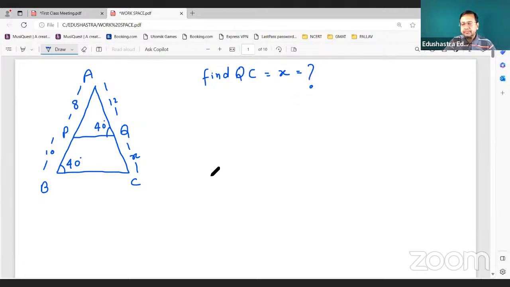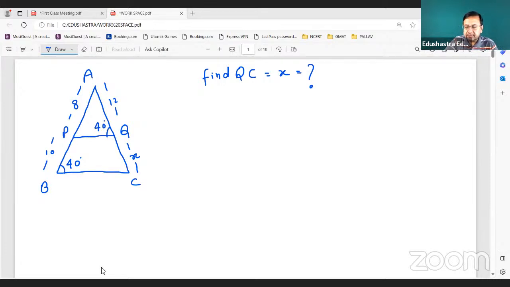Yes. So you just gave me the value for the variable x. How much is the length QC? All this information is given to you here in this diagram, and you need to find the value of x.